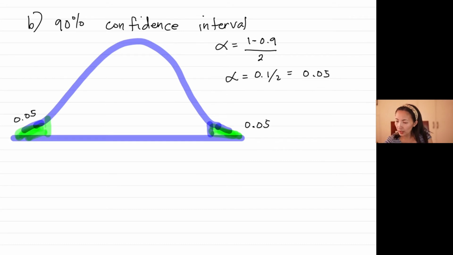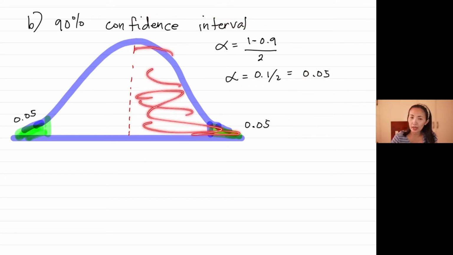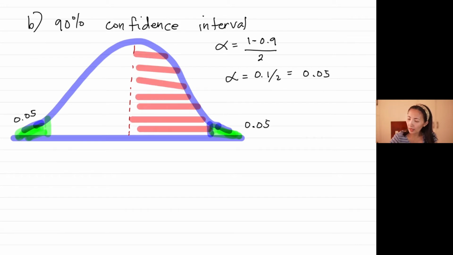Now, should I use the other table? There's another table which gives the areas from the z value to 0. So if this area is 0.05, and this is exactly half of the normal distribution, then the whole of this, including this, has an area of 0.5, half of the normal distribution.